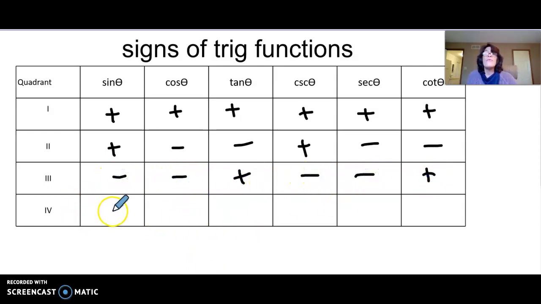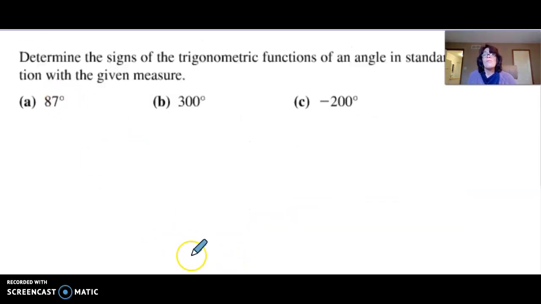And in the fourth quadrant, we just had cosine and secant, and the rest were negative. It's not necessary to memorize this chart. Understand why, because of the coordinates, the x, y, and the r. Understand why they're positive or negative in certain quadrants, and you can reason each problem out.